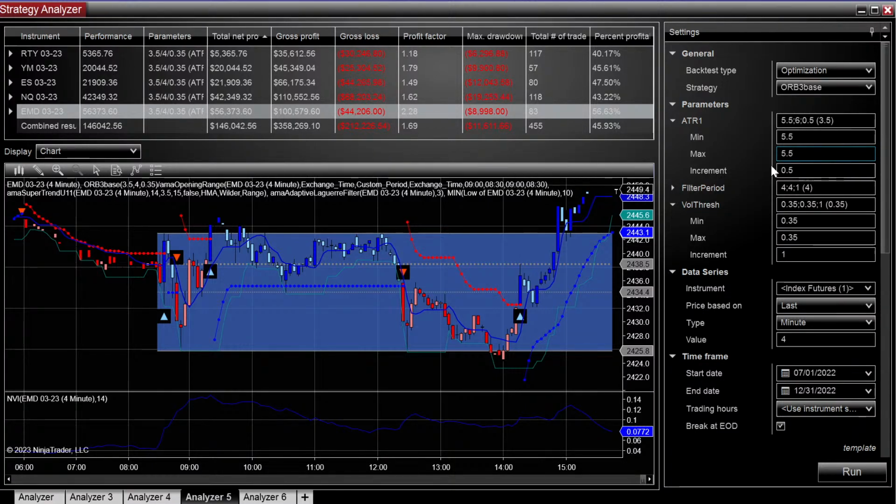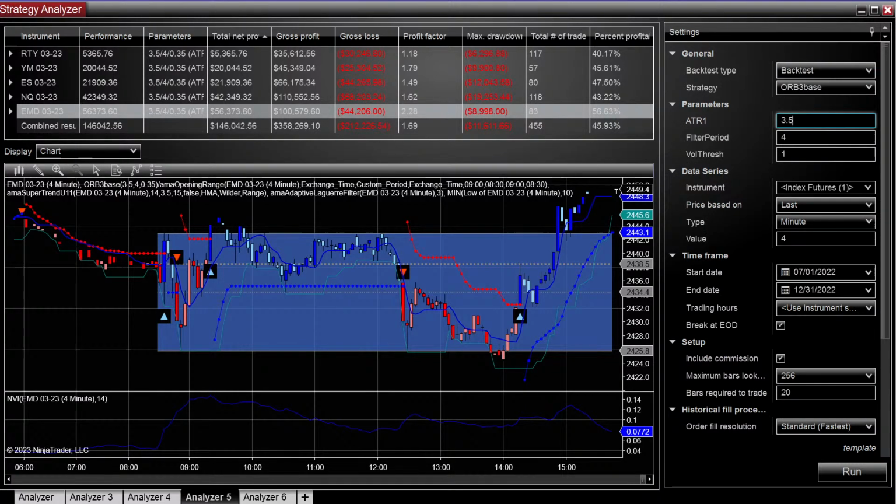I don't want to switch back to backtest mode, but let's go ahead and will. Just move back to backtest mode. So this is when volatility is greater than 0.35.